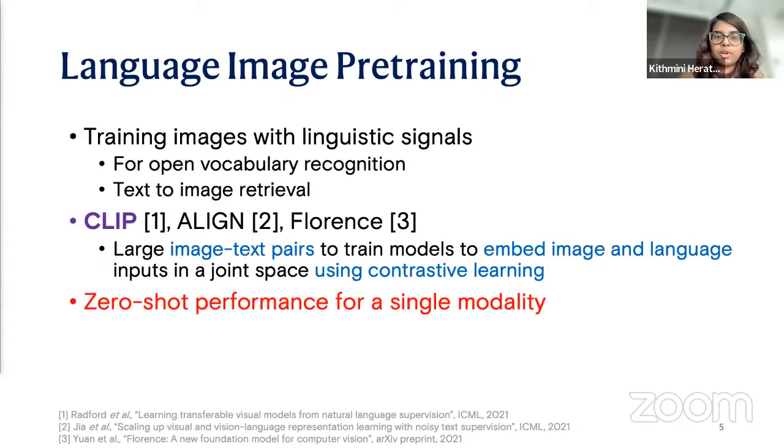But the issue is that this is only for a single modality. Because they are specifically trained for images and text, when you give some audio clip, you cannot generate a corresponding image for that. So that is the problem with these types of models. The reason I've specifically highlighted the CLIP model is that this work has influenced the ImageBind method quite heavily.